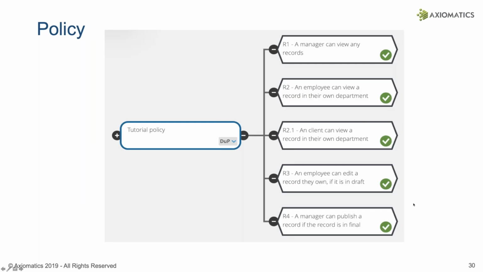From a graphical perspective, the policy looks like this. We're actually only going to use part of this, but there's a root node of the policy. We have a couple of different rules within that policy that say a manager can view any record, and an employee can view a record in their own department.